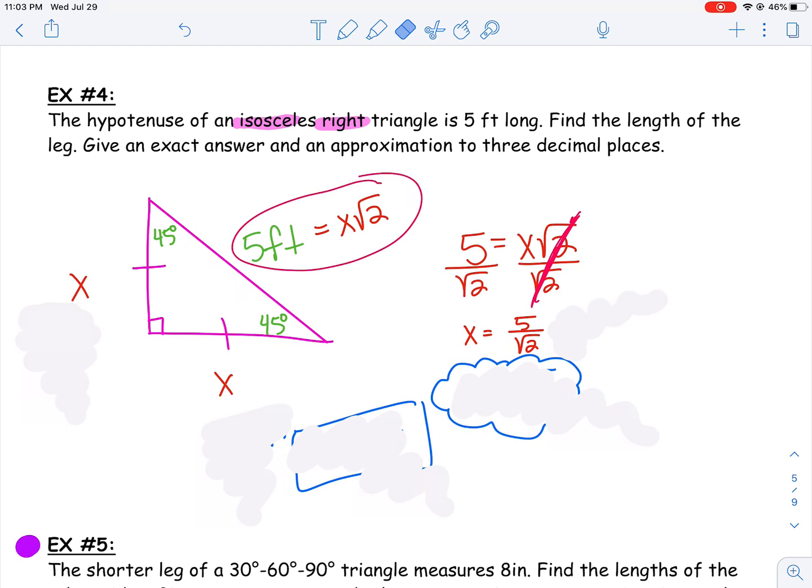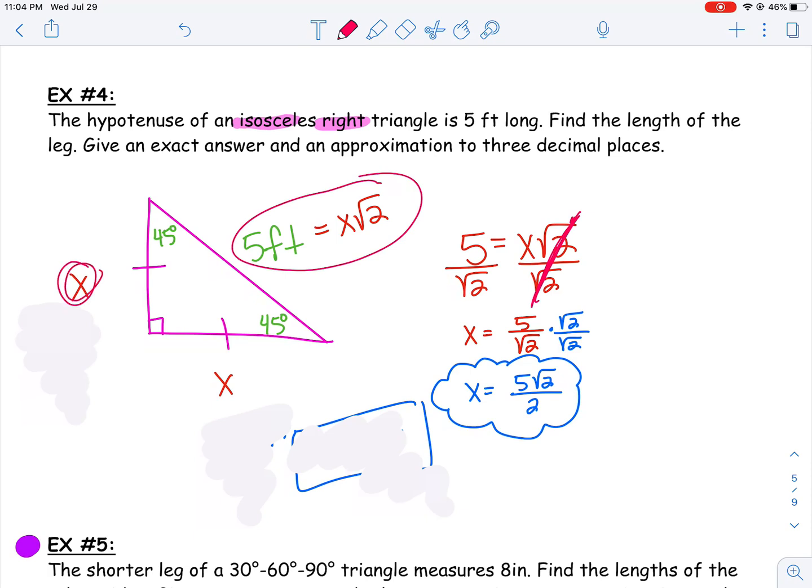But let's go ahead and rationalize that denominator, because we don't like to see those radicals in the denominator. We've talked about rationalizing before, where we can multiply both the numerator and the denominator by that radical to get rid of the radical in the denominator. On my numerator, I have 5 times rad 2. On my denominator, I have rad 2 times rad 2, which is the square root of 4, or we could say just 2. So I can say that x equals 5 rad 2 over 2.